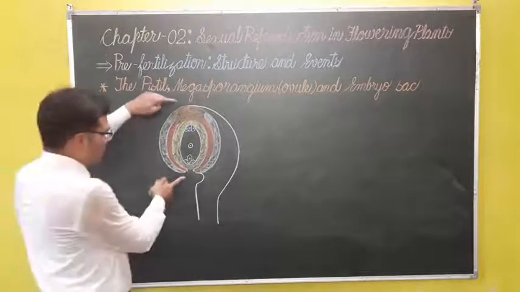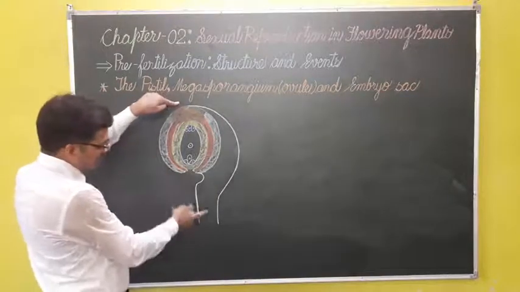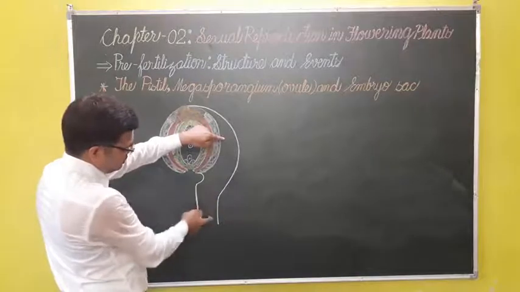This is the main part, which is called the body of the ovule, and this I have drawn is the stalk of the ovule.